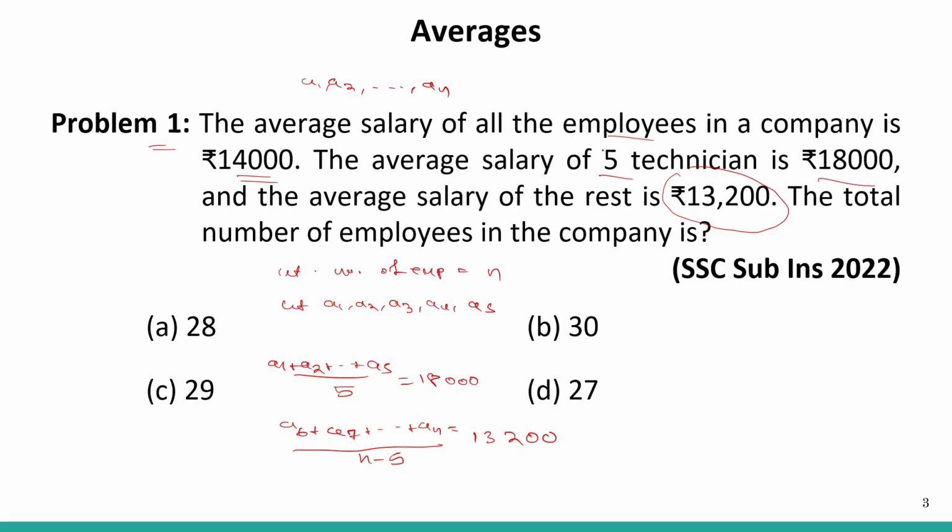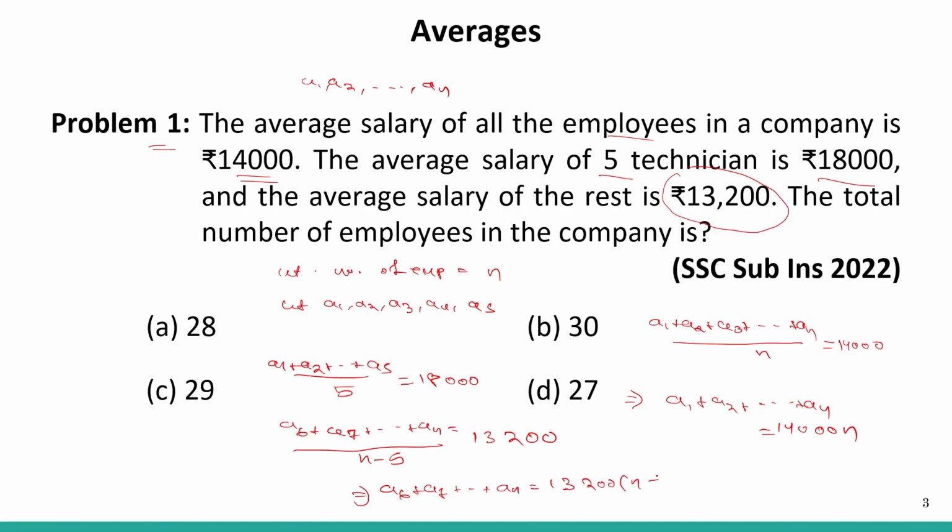The average salary of all the employees in the company is 14,000, so A1 plus A2 plus A3 up to AN, whole by n, is 14,000. So A1 plus A2 up to AN is equal to 14,000 n, and A6 plus A7 up to AN is equal to 13,200 into n minus 5.